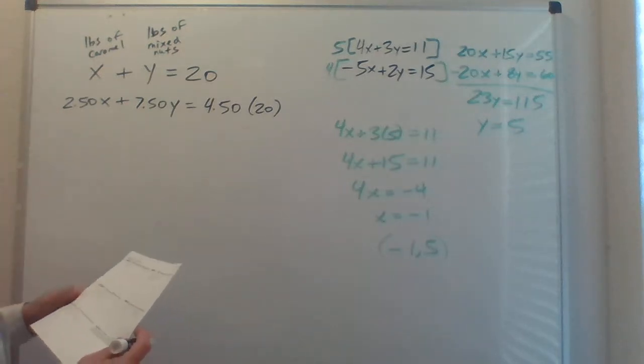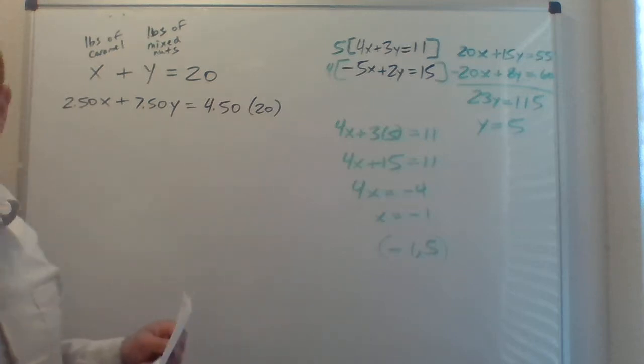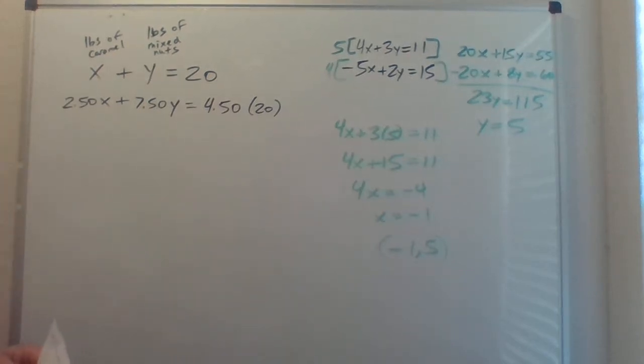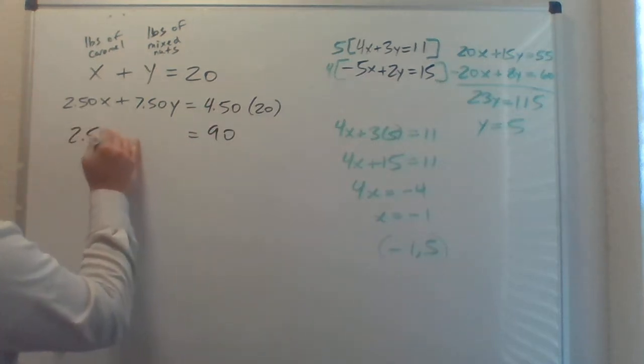So now that we got that out of the way, we can start to solve with some of the methods that we've been talking about, right? Also utilizing our calculator. So I'm going to start with doing the 450 times 20, which is going to be 90.